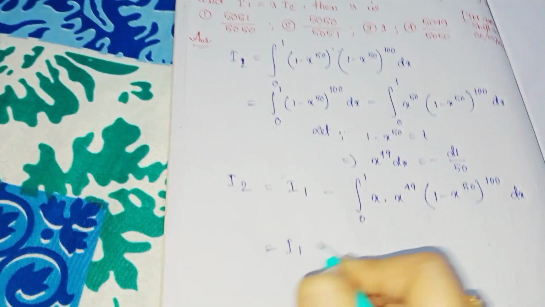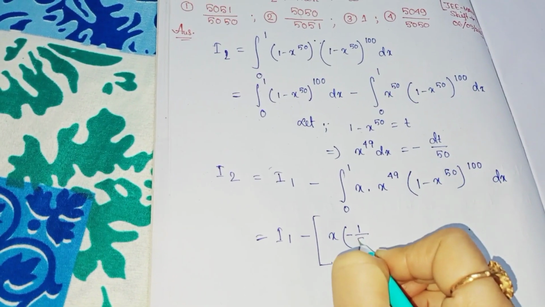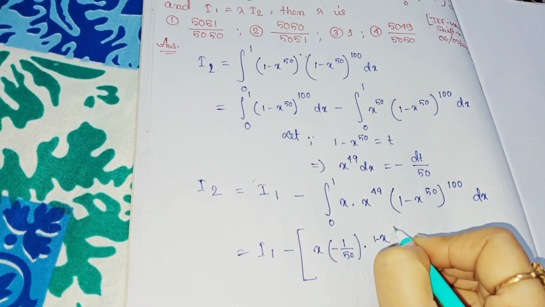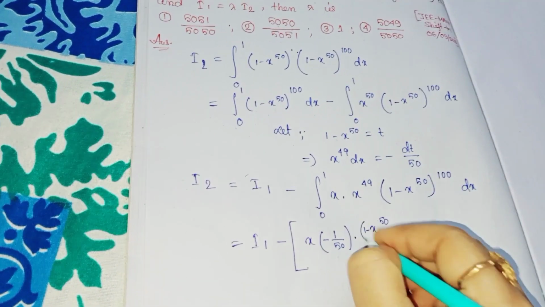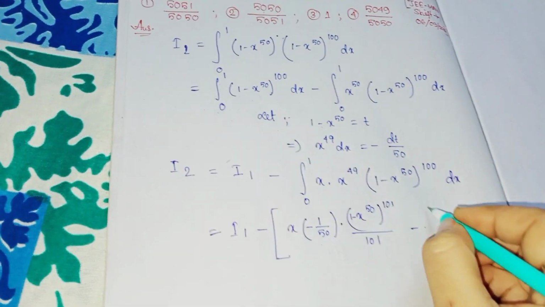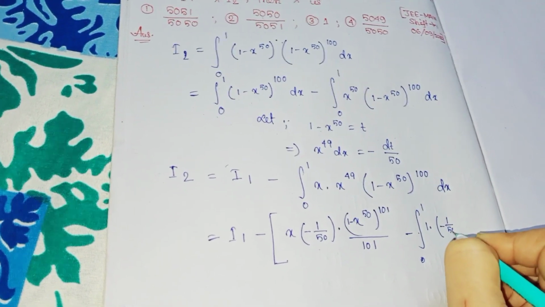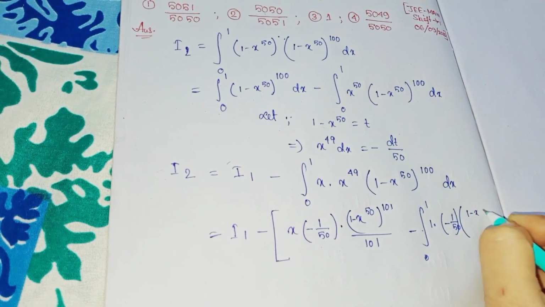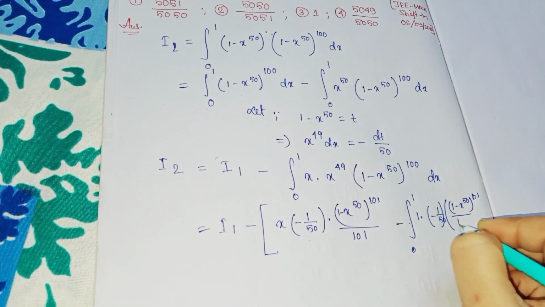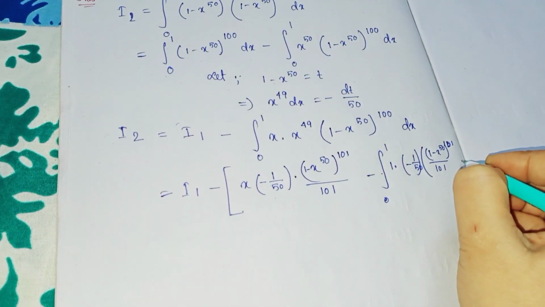So here we get I1 minus x into minus 1 by 50 into (1 minus x to the power 50) whole to the power 101 divided by 101, minus the integral of 0 to 1 of 1 into minus 1 by 50 into (1 minus x to the power 50) whole to the power 101 divided by 101, into dx.